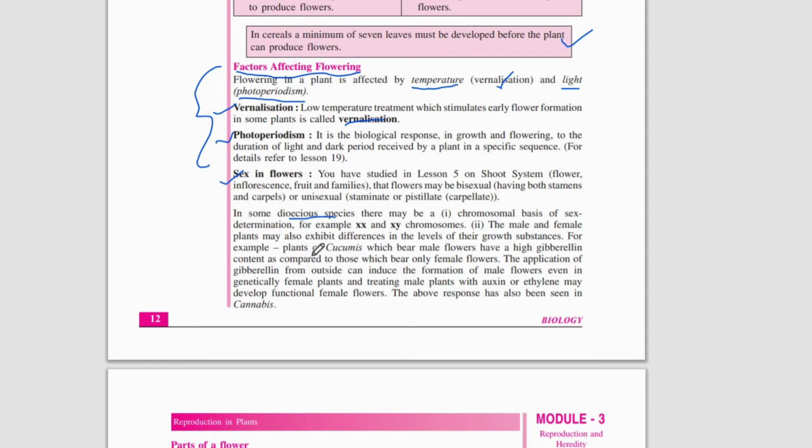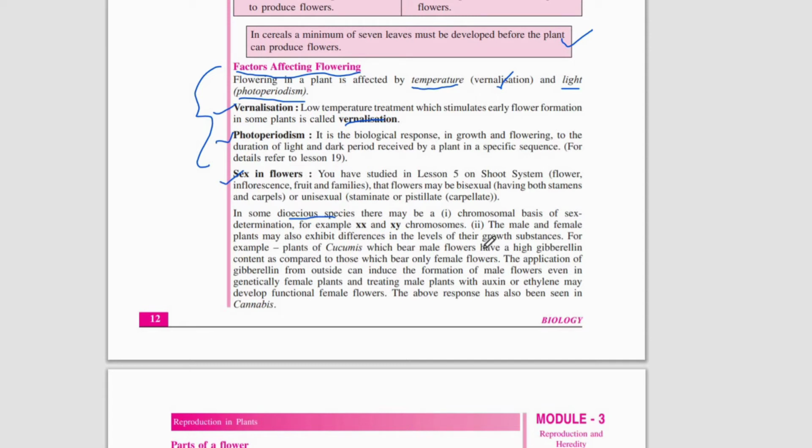For example, the plants of Cucumis which bear male flowers have a high gibberellin content as compared to those which bear only female flowers. The application of gibberellin from outside can induce formation of male flowers even in genetically female plants. There are some plants which produce more male flowers or more female flowers, and in such plants the amount of the hormone gibberellin will be different.